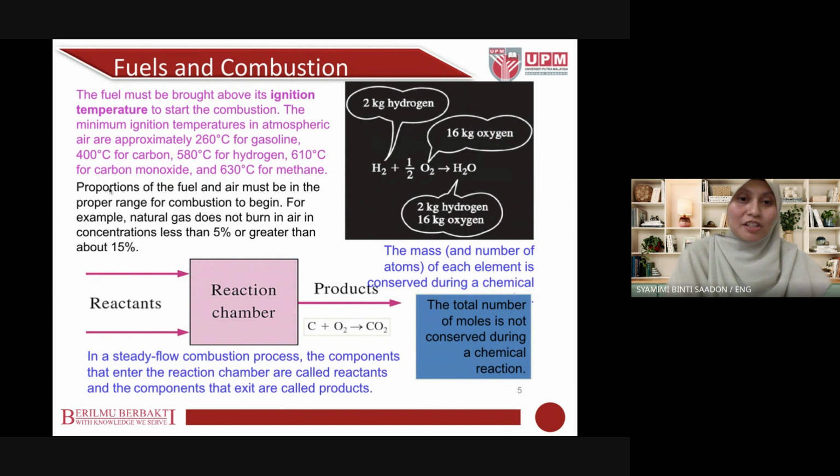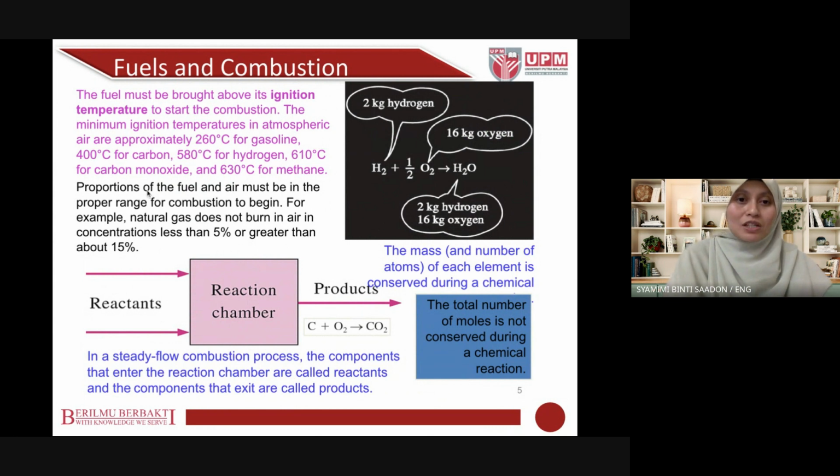The proportion of the fuel and air must be in the proper range. Each combustion process depends on the number of moles, the mass, etc. So we need to calculate how much fuel and air we need in order for our combustion to be complete.